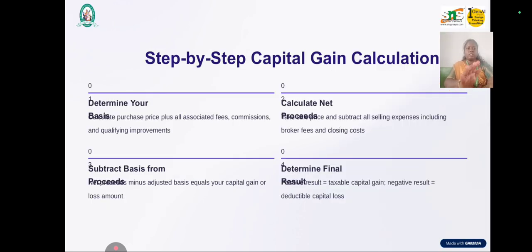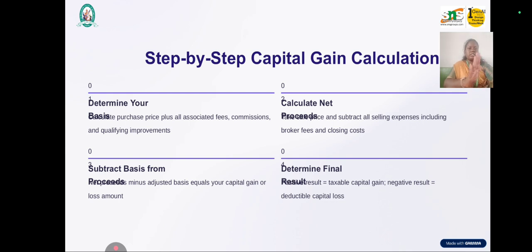So next, step by step calculation. First we have to determine the basis, which is the purchase price plus all the associated fees, commission and qualifying improvements. The second one is to calculate net proceeds, which is to subtract all selling expenses including broker fees and closing cost.